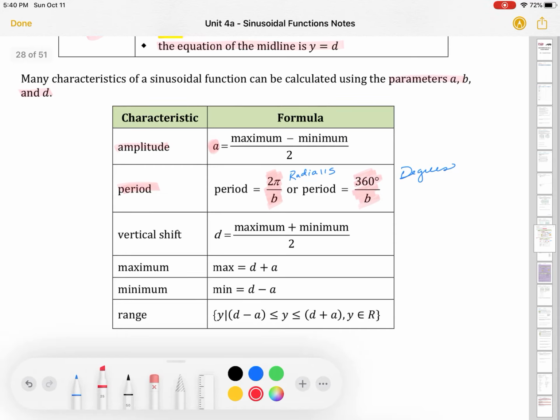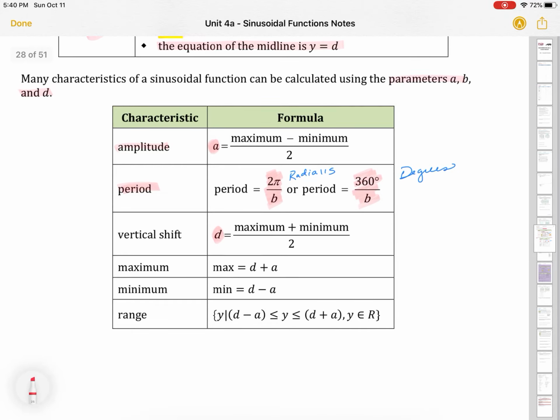So the formulas there are given. The vertical shift, D, is equal to the maximum plus the minimum divided by 2. That looks familiar. We've seen that formula before, haven't we? So that's also telling us our midline. Let me write it in midline.